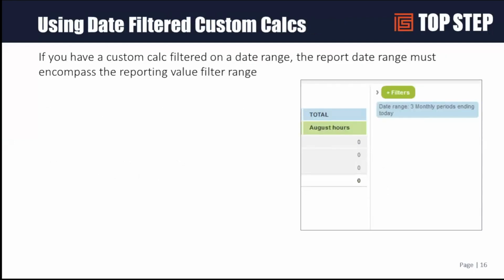Now, not to confuse you further, but if you have a date filter, let's say for this example, I set up a reporting value called August hours, and August hours are timesheet hours with a time entry date filter built into the equation, August 1st to August 31st, okay? So for some reason, I decided I needed that as my reporting value.